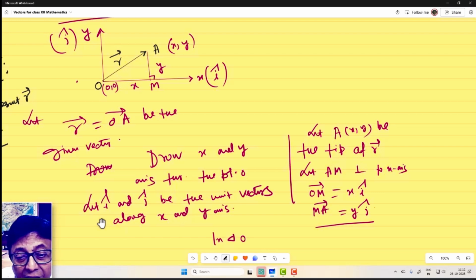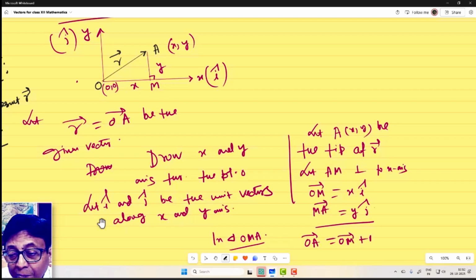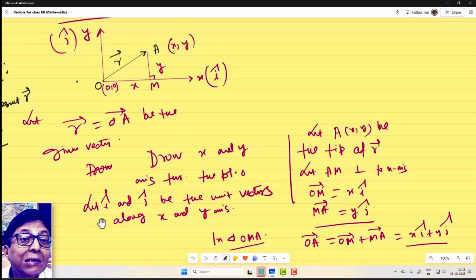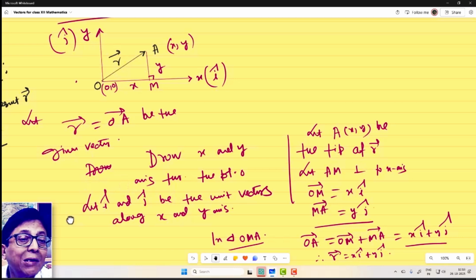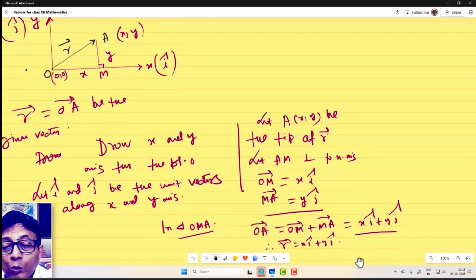So in triangle OMA, we can write OA equal to OM plus MA. So this will be xi plus yj. So our vector is xi plus yj. So a vector in 2D has representation of this form.